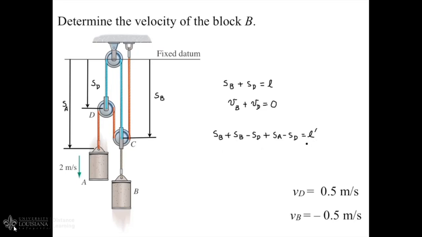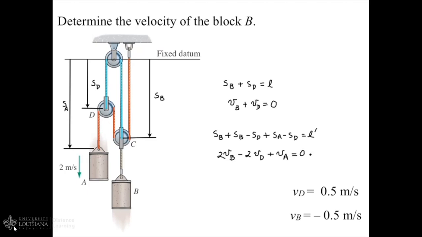If I take the time derivative here, you get the following result. 2 times V sub B, we have minus 2 times V sub D, and finally plus V sub A, and it all equals 0.